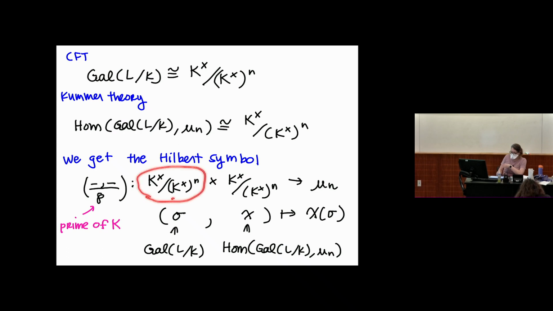If we have some element here, we find the Galois element that it corresponds to, and then in Kummer theory, if we have a little b here, we get a homomorphism, and then we apply one to the other.